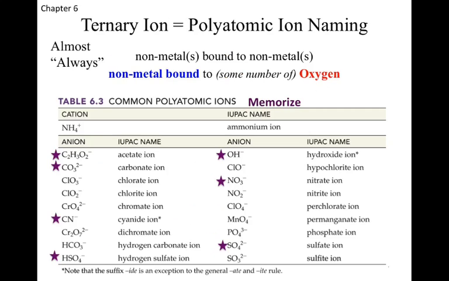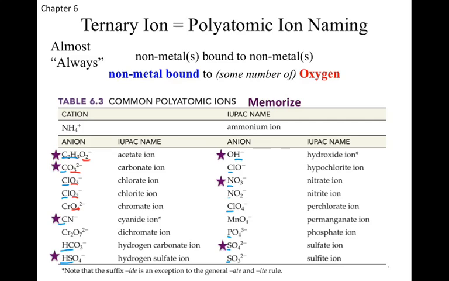So if you go through and look at all of the possible polyatomic ions, you'll notice that we have a bunch of nonmetals in almost all of these cases. I said almost, chromium's definitely a metal. But in almost all of these cases, we have nonmetals being bound to oxygen atoms.